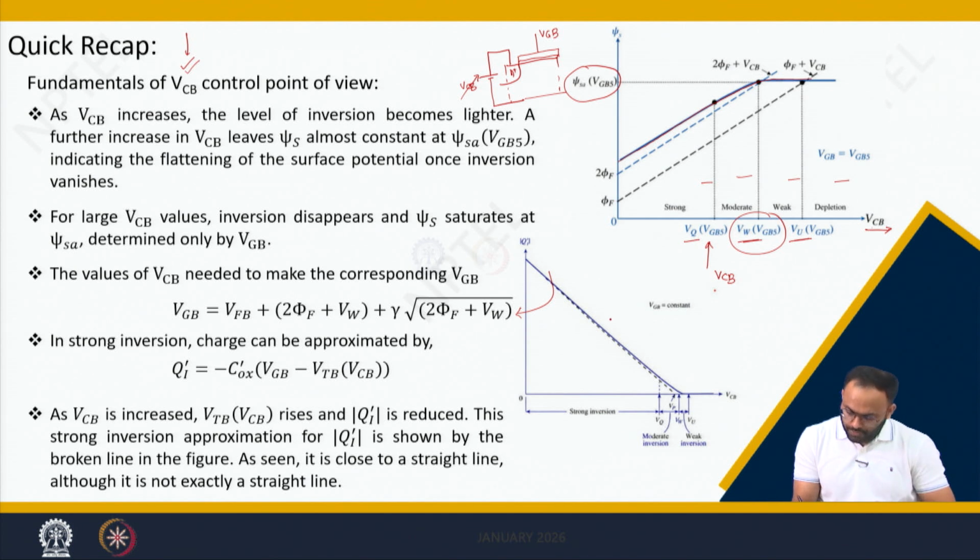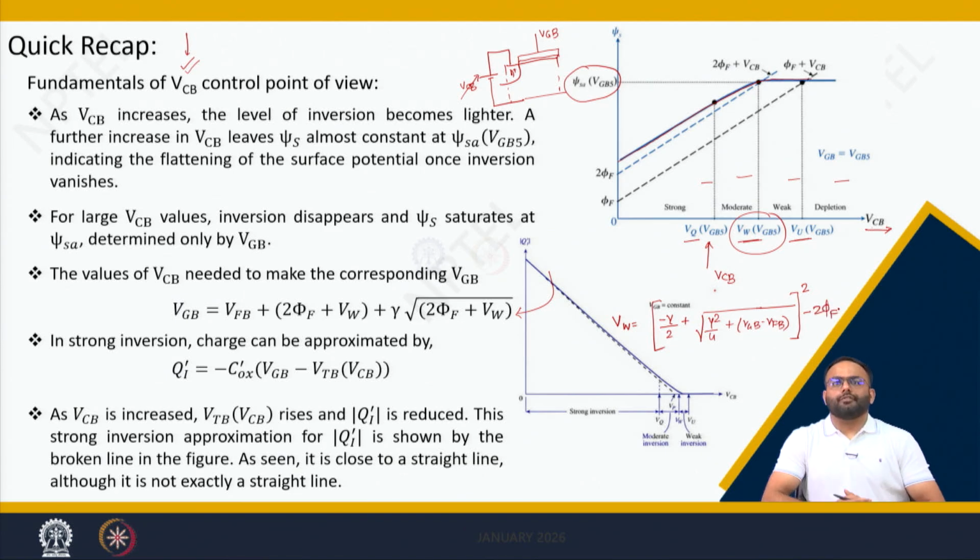So from this equation we can derive the value of VCB. We got that VW is nothing but minus gamma divided by 2 plus the square root of gamma square by 4 plus VGB minus the flat band voltage, into whole square, minus 2 phi f.